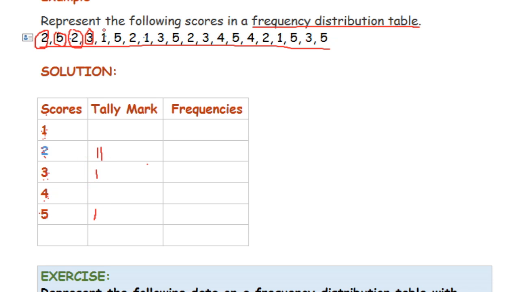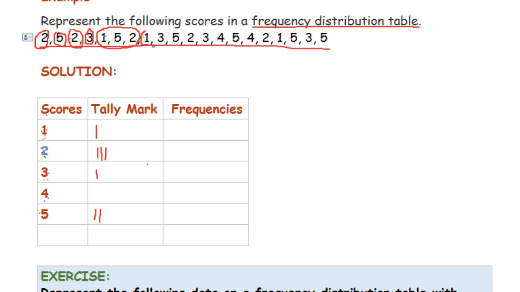So I'm going to represent the numbers in threes to make it faster. So I'll take 1, 5, 2. So 1 will be represented by a tally, 5 by another tally, and 2 by another tally.